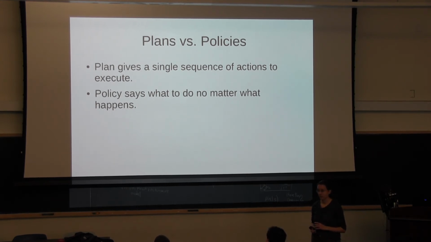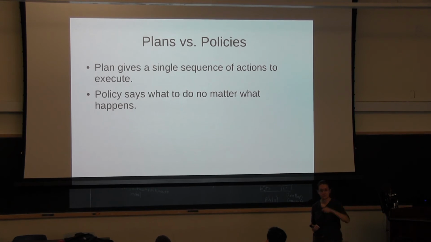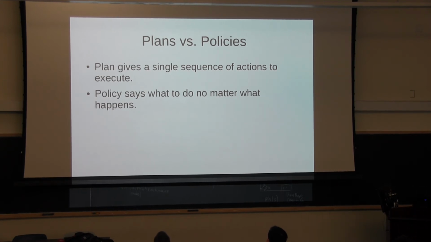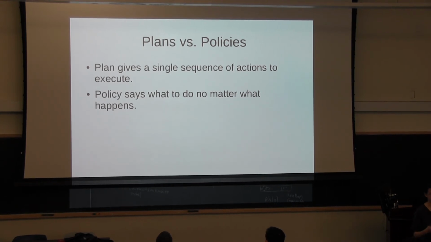When do I want a policy? When the world is not deterministic, we may end up somewhere different than where we expect. Yeah, so if I'm in a non-deterministic world, so if I'm in an MDP and the transition function is non-deterministic, then I need a policy, because I don't get to control where my next state is, and I need to know what to do when I'm in my next state.